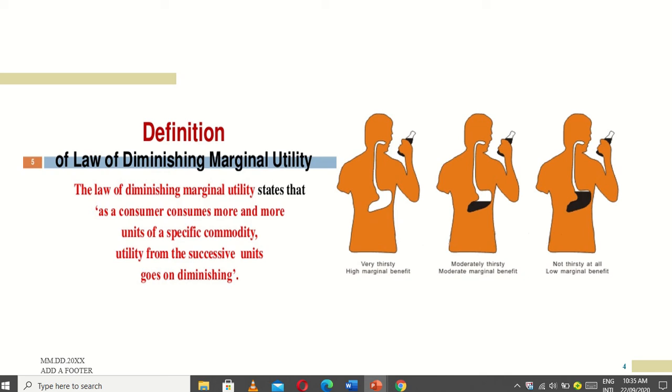If I'm going to consume another sandwich, probably 80 utils. If I'm consuming the third sandwich, that would be probably 50 utils. So as you can see, as I consume more and more sandwiches, this diminishes the utility or the satisfaction of the person consuming it.